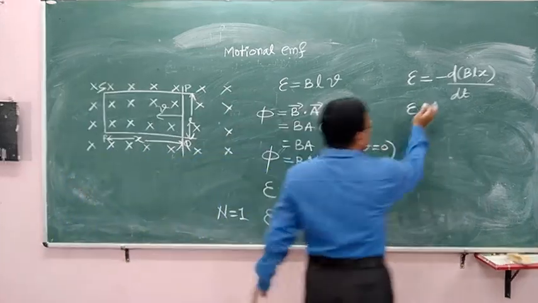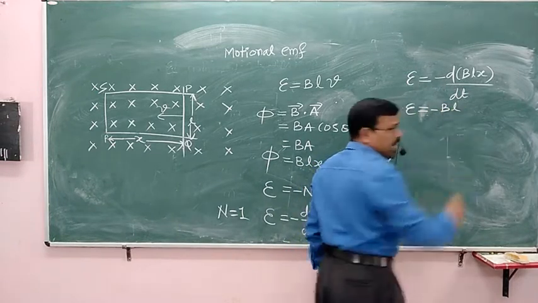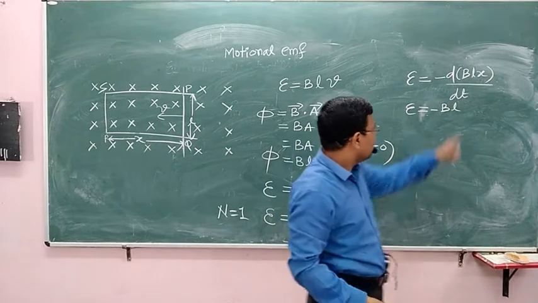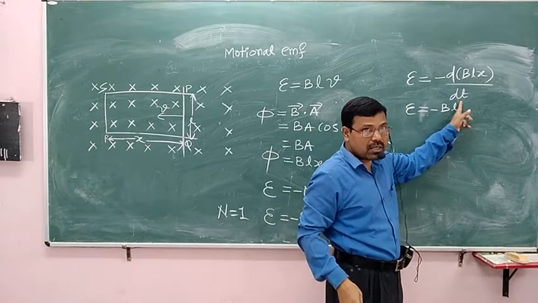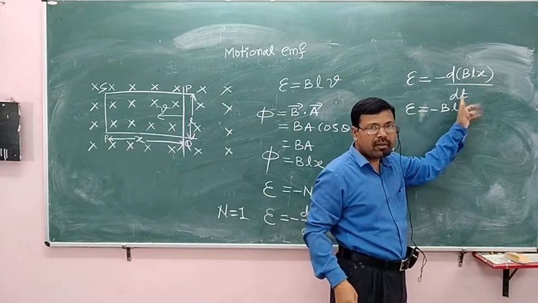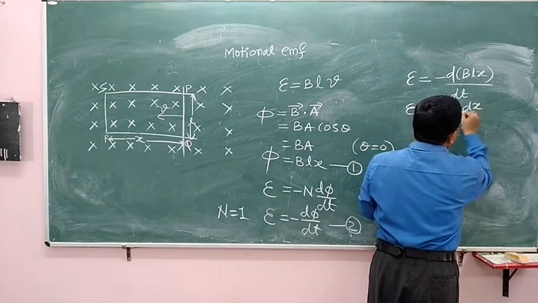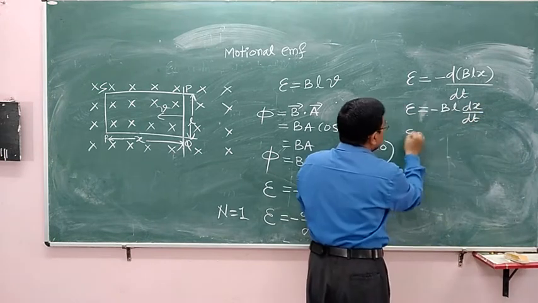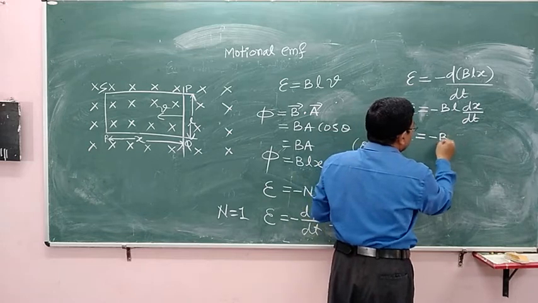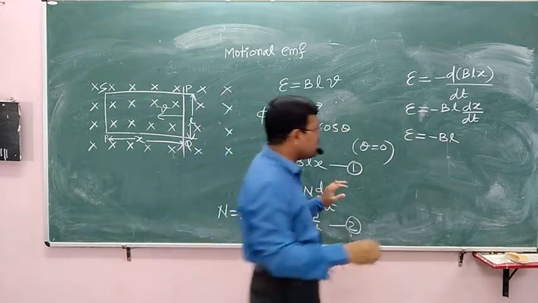So E is equal to minus BL, as B and L are independent of time. What depends on time is x, so we write dx by dt. So E is equal to minus BL dx by dt, and dx by dt is V.